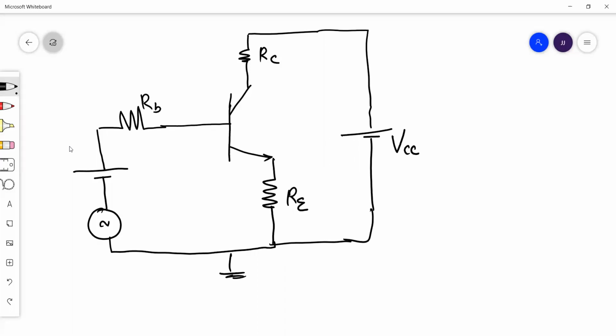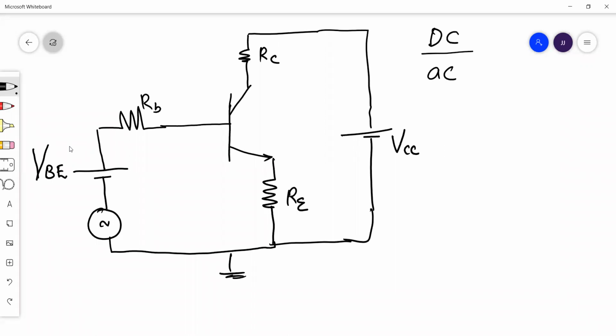That DC voltage, in which letter can I represent it? For DC, is it capital or small? Capital. So we can represent it like this.